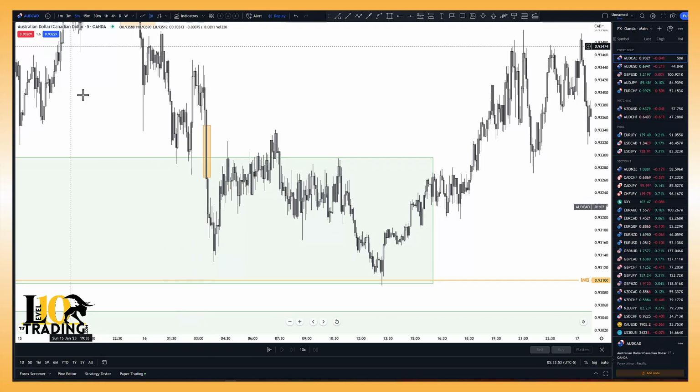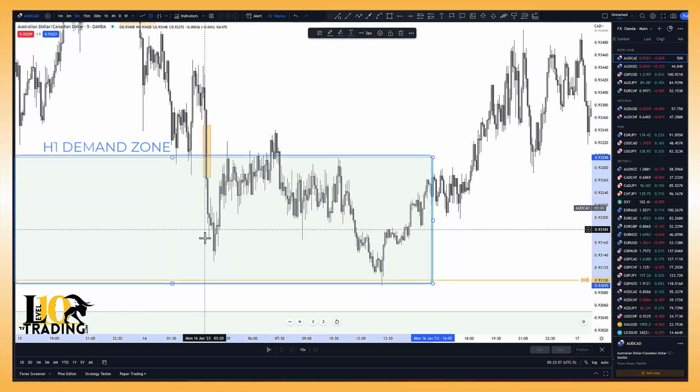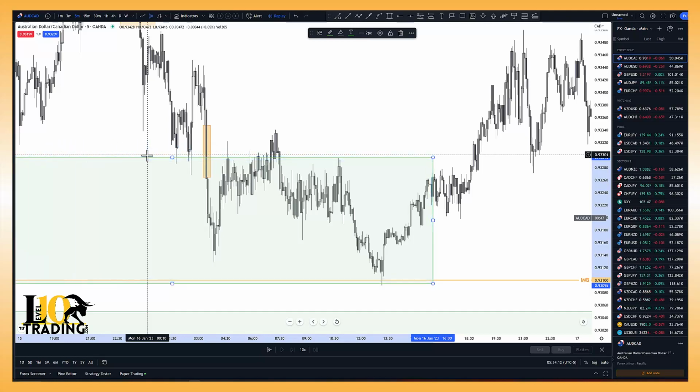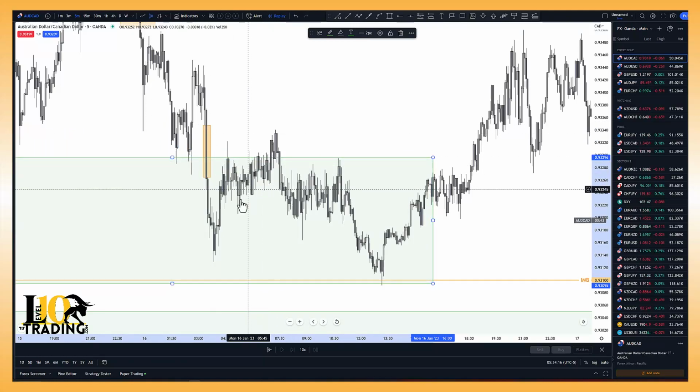Now we're on the 5-minute, and price came into our 1-hour trading time frame demand zone. This zone marked in green is a 1-hour time frame zone, okay? And this is my exact chart markup from yesterday.